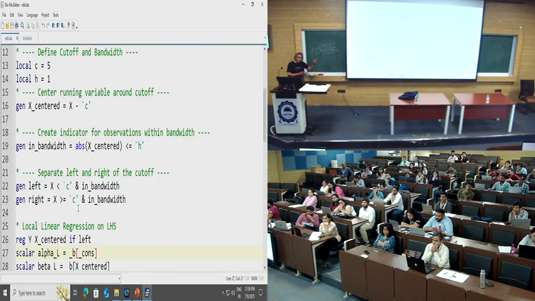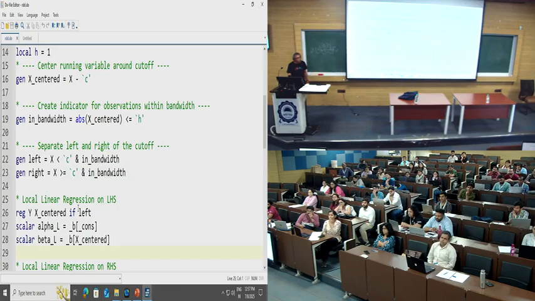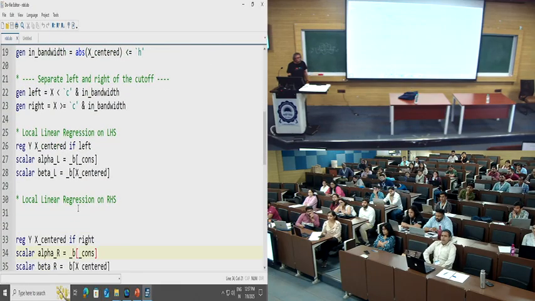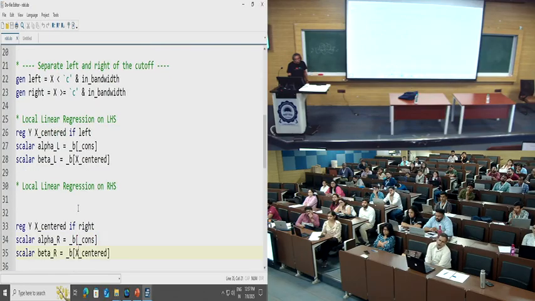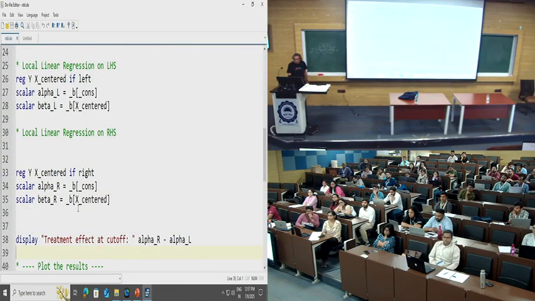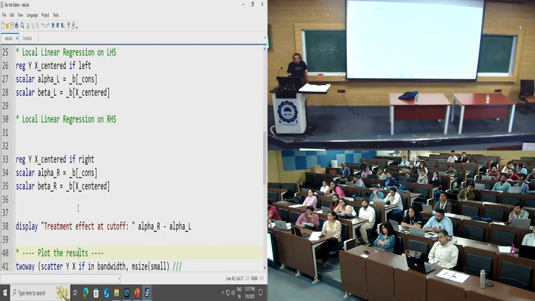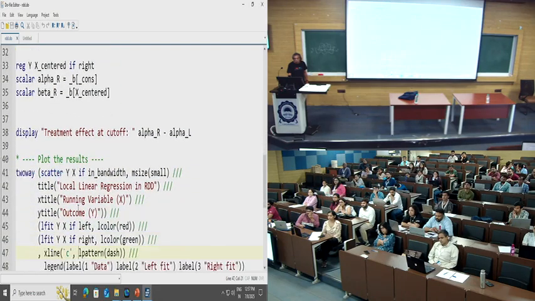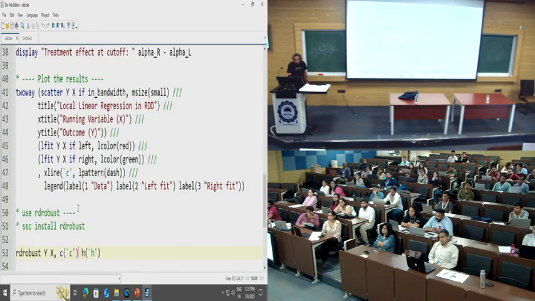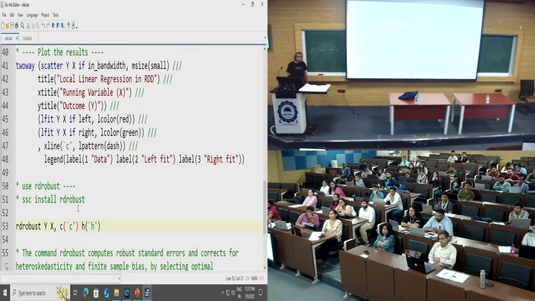It's like the slide and Stata should go together if your logic is correct. Okay? So this is my left hand side, and I get my alpha L and my beta L. Right hand side, I get my alpha R and my beta R. I display alpha R minus alpha L. And then I plot them. That's all I do. And this is a built-in command, rdrobust in Stata.